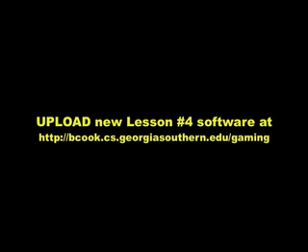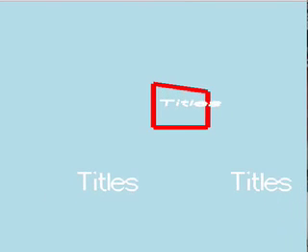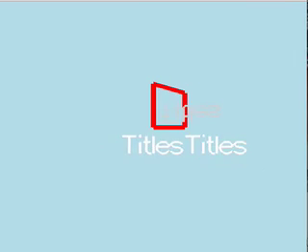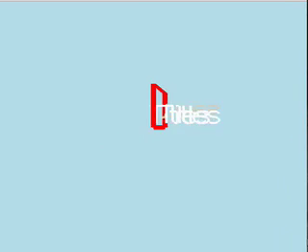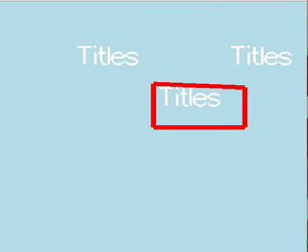And you also need to upload the new Lesson 4 software, which has the new commands and some modifications to some of the old commands that we're going to be using to create the motion in this lesson.